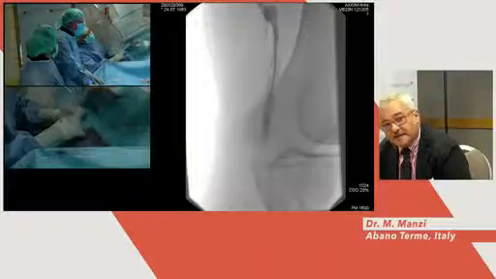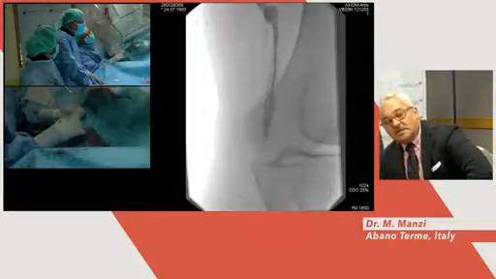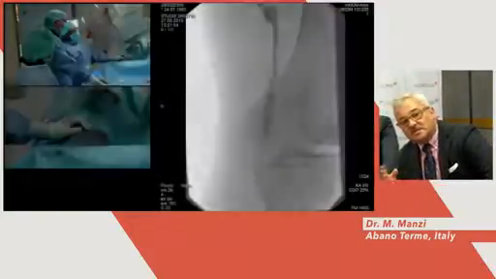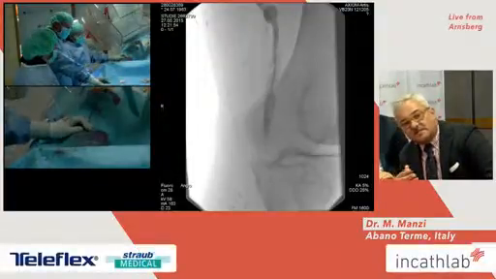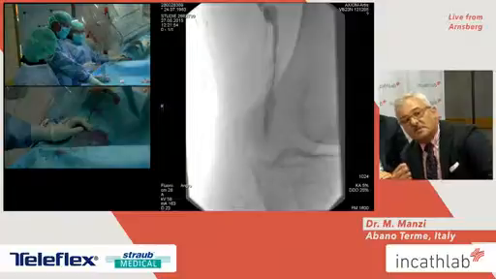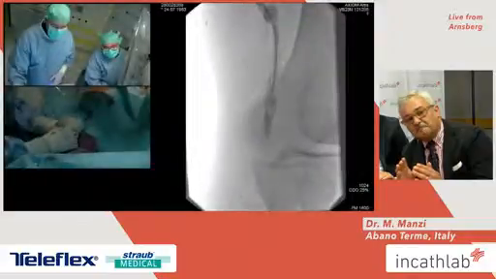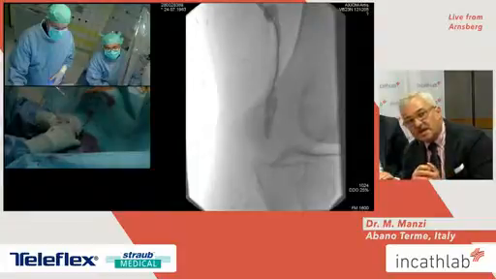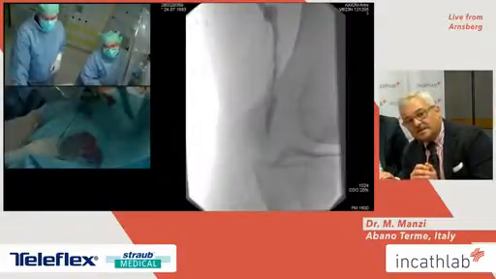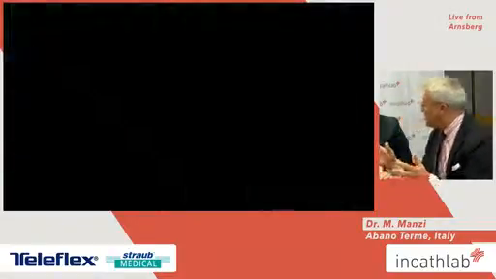My name is Marco Manzi, and I would like to discuss the aspects of this approach. We decided together to perform a contralateral approach with a 6 French long sheet, and we had some difficulties during the whole procedure in having a stable position with the sheet, because the forces involved were really many, and it was difficult to advance the support catheter while maintaining a good position with the sheet.